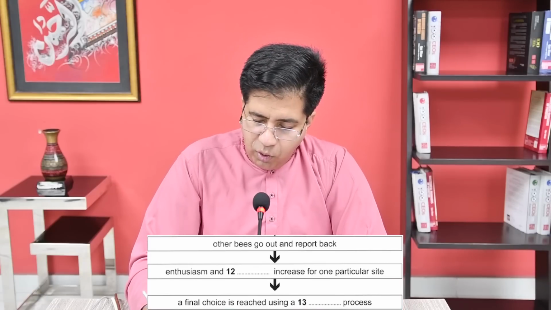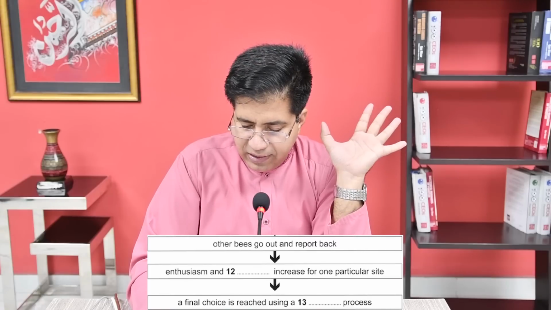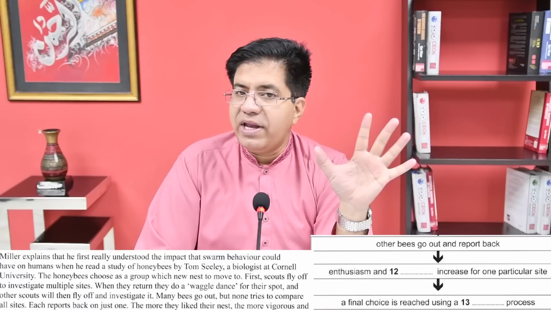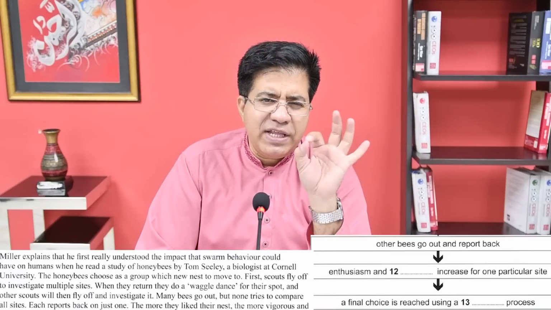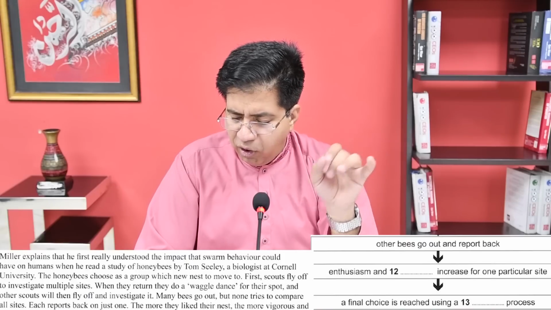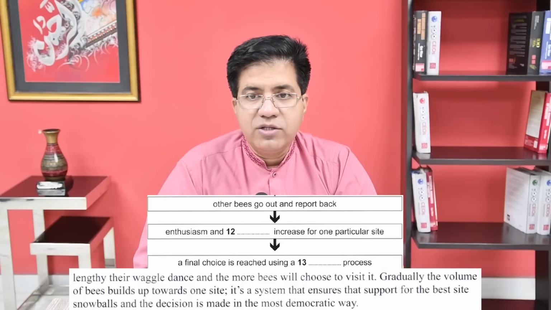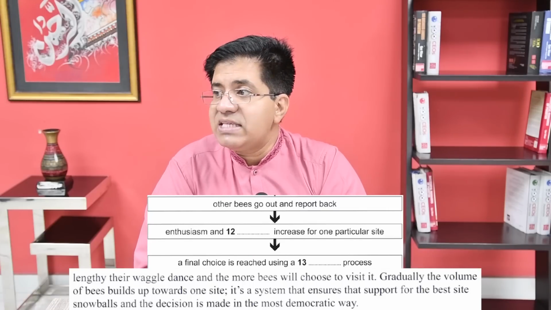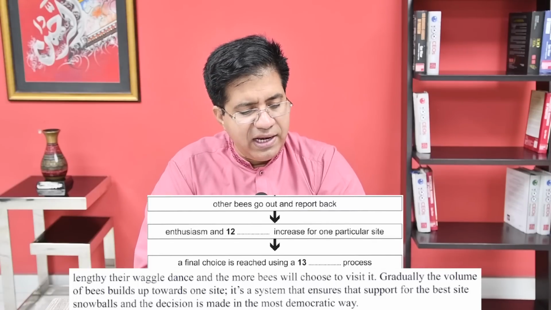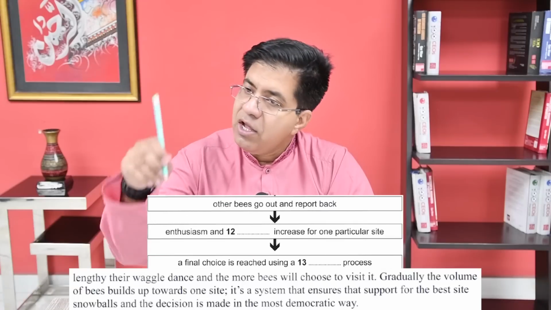Okay, please come to last paragraph, title page, last paragraph, last line. The more they like their nest. Found it? Now please be with me. It's very simple. The more they like their nest, the more vigorous and lengthy their woggle dance. So vigorous means their enthusiasm. So for enthusiasm, they have mentioned vigorous.